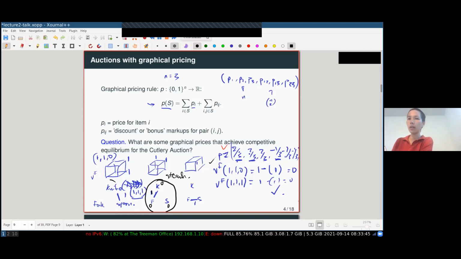With this graph, we can infer, for example, that the value that steak has for the set 111 is the sum of all the items in the set, which is 0, plus the sum of all edges in this graph. This has value 0, this has value 0, so the sum of all edges in this graph will be 1. So this is an example. All the agents here have graphical valuations.